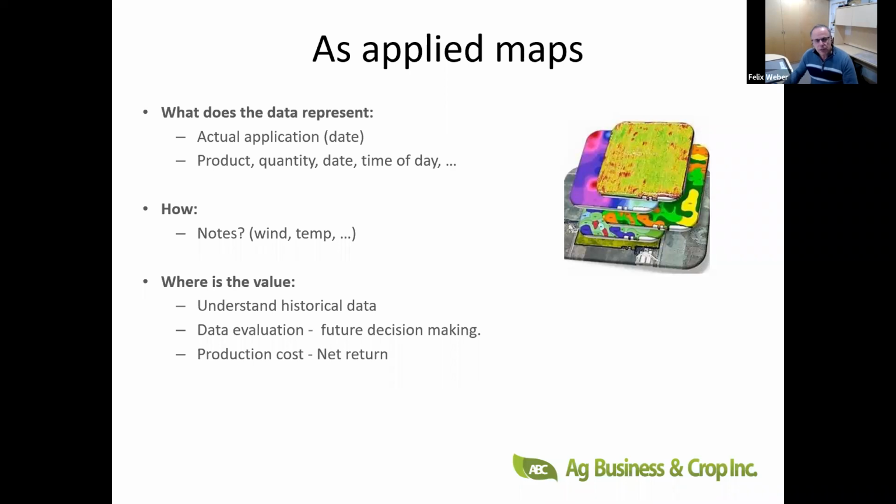All historical information, we're going to go through a little bit more of historical information as well, helps us when we look at a new data set to decide what that data means.